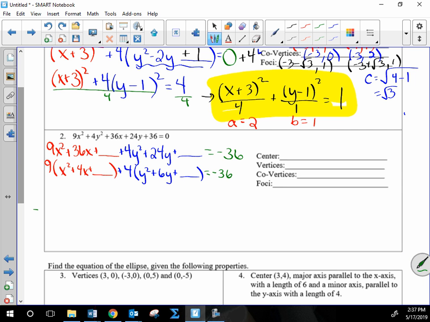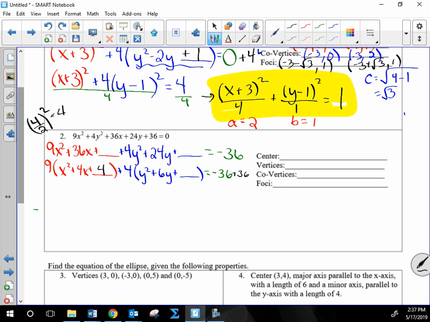Okay. B over 2 quantity squared, what goes here in my padding for my x's? What's B over 2 quantity squared? Good. So I'm adding 4, but how much do I have to add to the other side? Good. 9 times 4, which is 36.